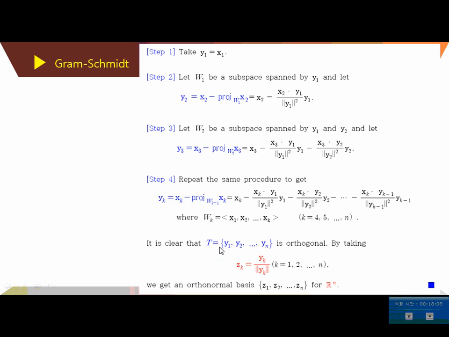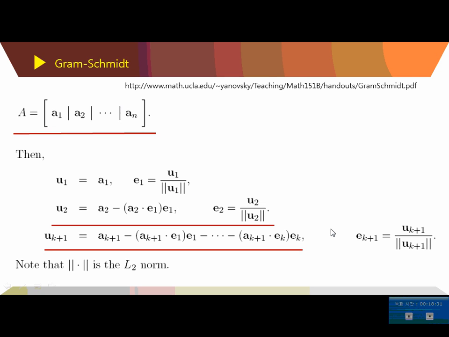Then we just normalize these yi's and call them gk. Then g1, g2, up to gn are orthogonal and all unit vectors. So these form an orthonormal basis for Rn. This is the whole idea of the Gram-Schmidt orthonormalization process.